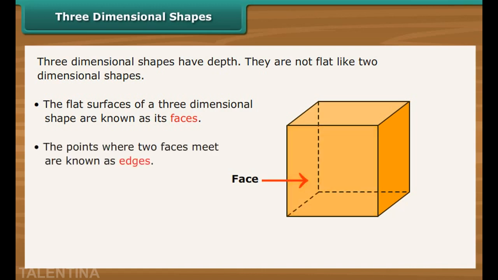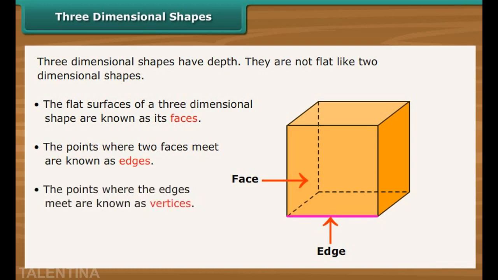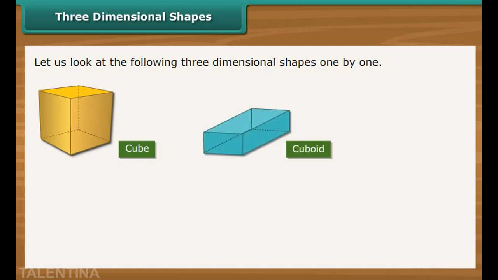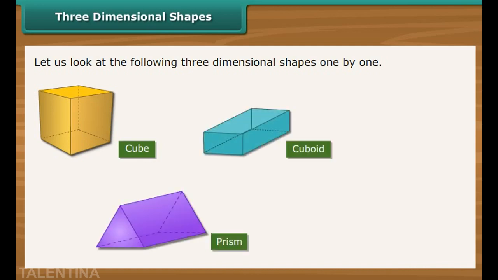The points where two faces meet are known as edges. The points where the edges meet are known as vertices. Let us look at the following three-dimensional shapes: cube and cuboid, triangular prism, square pyramid.